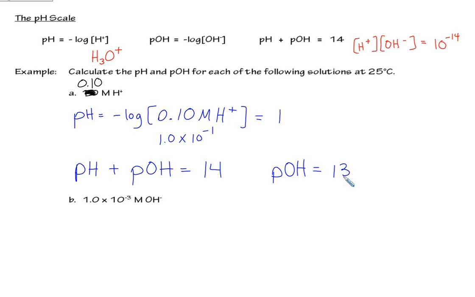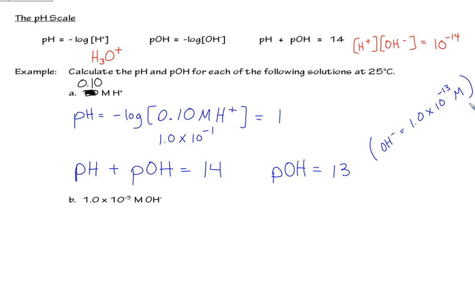Well, if we know pOH is the opposite log of the hydroxide concentration, then the hydroxide ion concentration should be 1.0 times 10 to the negative 13th moles per liter. And that's kind of what it means.